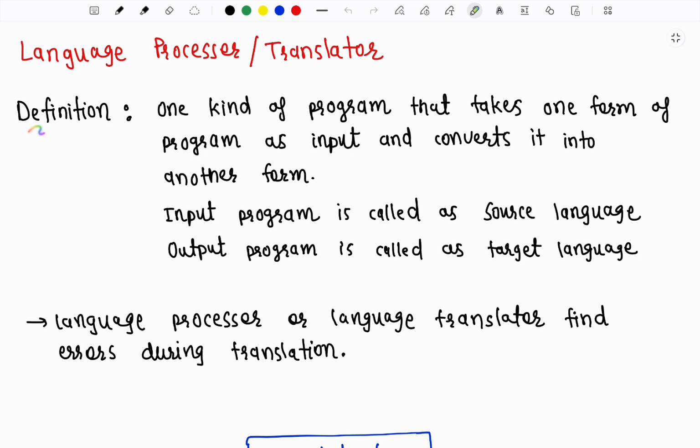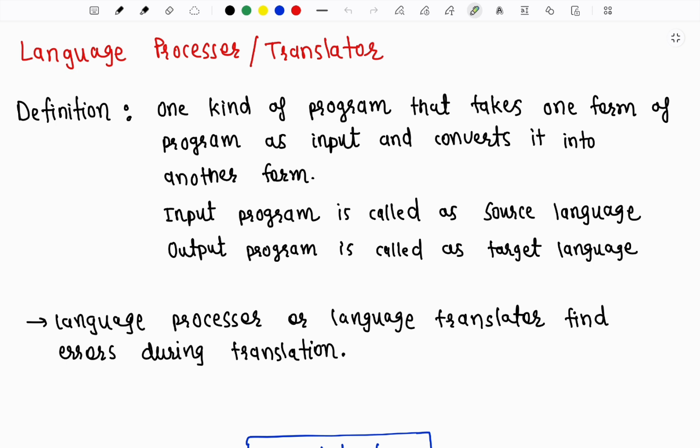So, what is the definition of a language processor or language translator? A language processor is a system software, a kind of program, that takes an input program written in one language and converts it into another language.